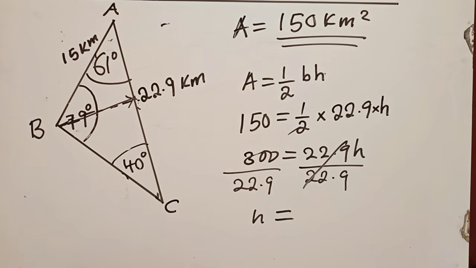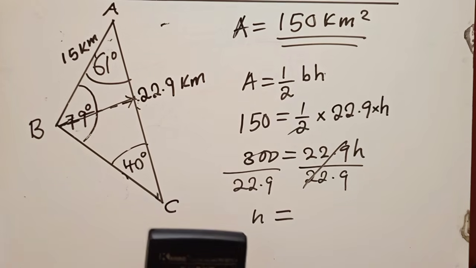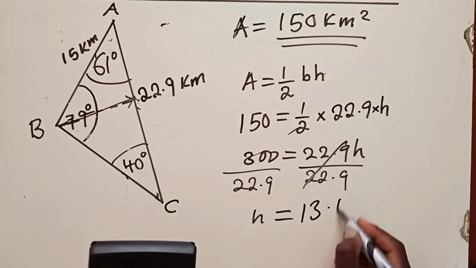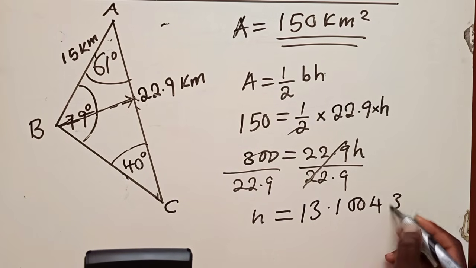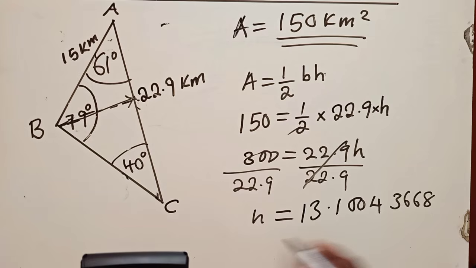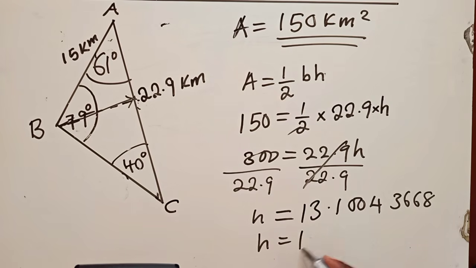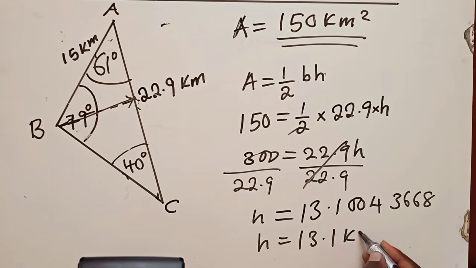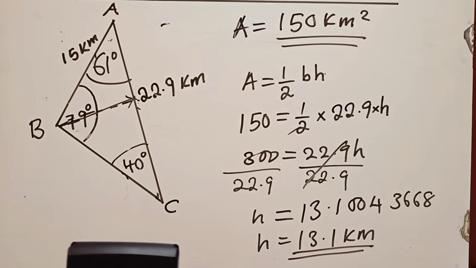What is our h there? So we say 300 divided by 22.9. What are we getting? 13.10043668. If you want, you can round it off to 13.1 kilometers. This is the shortest distance.